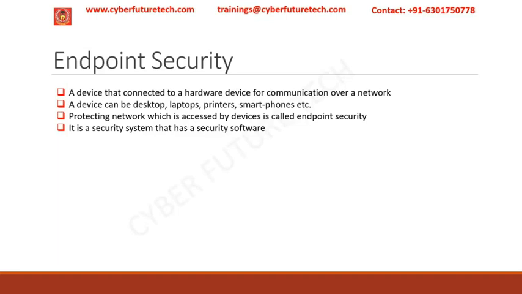But how does this endpoint security work? The endpoint security is a security system that has security software which is placed on a central server or gateway in the network.